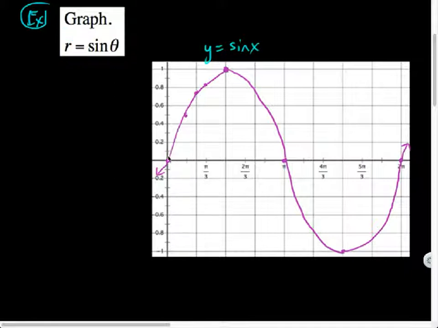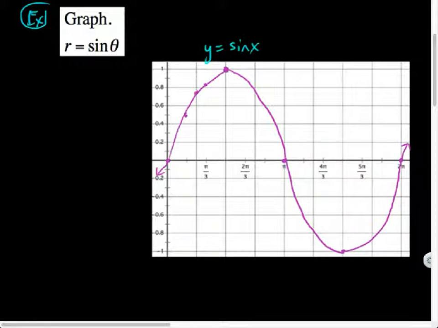So my radius is going to start at 0, then go to a half, then to 1, then back to 0, then to -1, and back to 0. So the radius of this graph is variable. It's changing in accordance with sine of the angle. This is going to be quite intriguing, I think we'll agree.